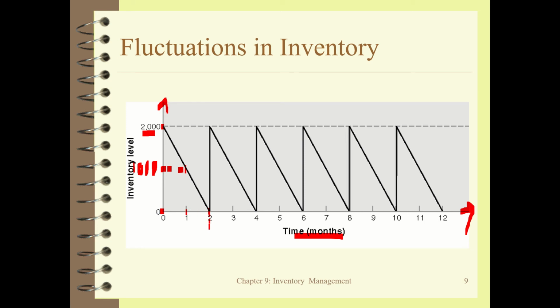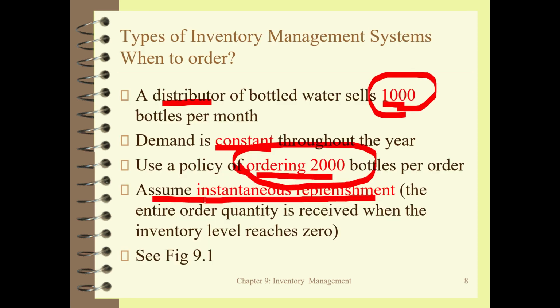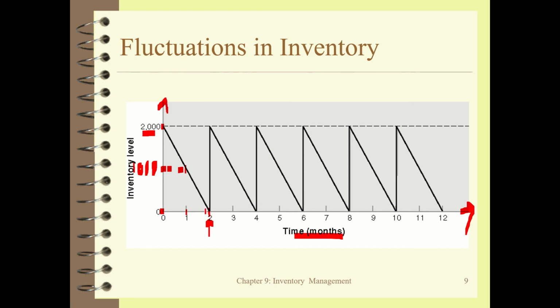Once it is reduced to 0, given our assumption of instantaneous replenishment, we place an order here, and we get the item immediately. So the stock in our company will increase immediately to 2,000 here.